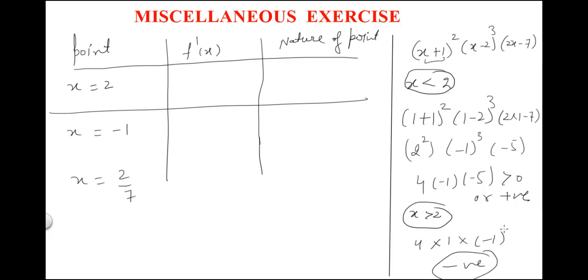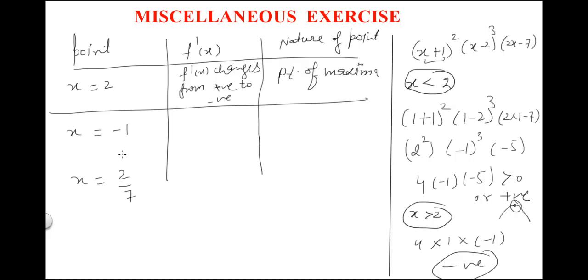So what is happening? From positive to negative. So this point will be of maxima. So you will write here f dash x changes from positive to negative. So nature of point is point of maxima.